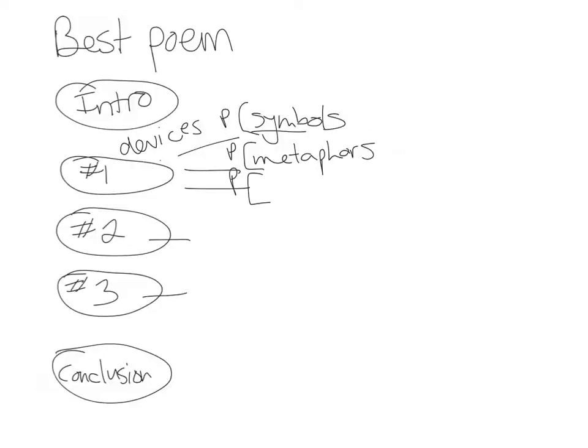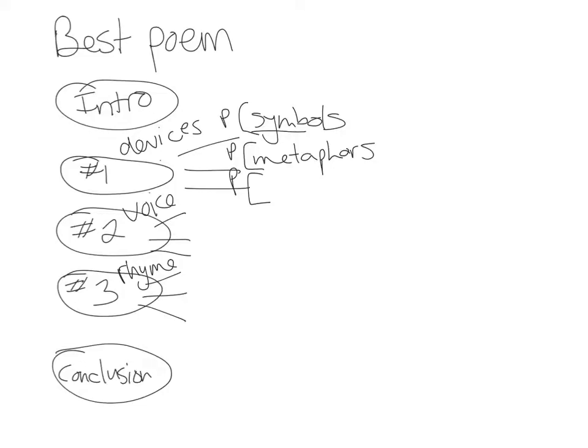So when you do the same for these, you're going to branch these out. So maybe the first one was devices and the second one is, I don't know, I'm just thinking off the cuff, voice, and maybe the next one is rhythm or rhyme. Okay, so you basically just take what you've already done and just make it bigger.